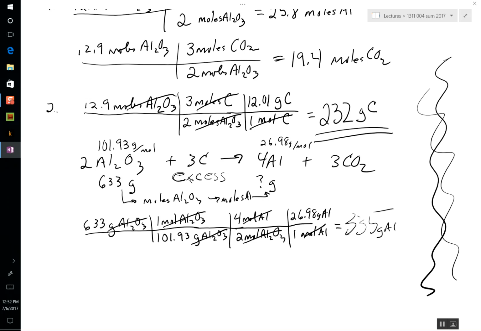Do you think Alcoa does that on a day-to-day basis, that they perfectly convert their aluminum oxide into aluminum? No. And no matter what reaction, the yield is always less than 100%. This is theory. You always get less than that. Even Alcoa, they fill up a kettle with aluminum oxide and carbon and heat it up real hot, and a little bit of this doesn't get reacted.